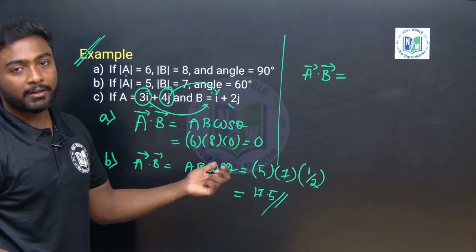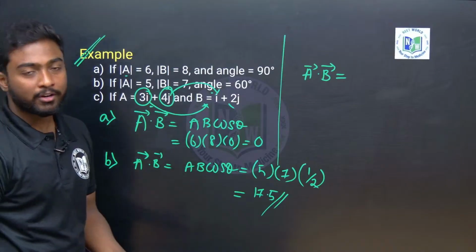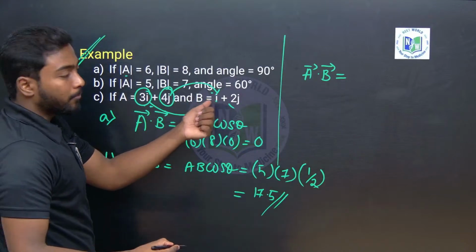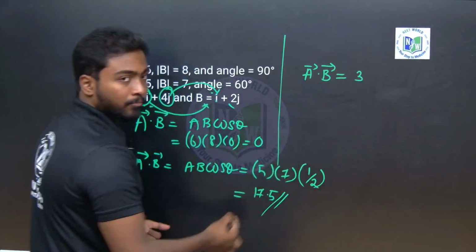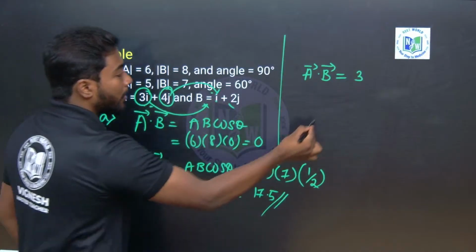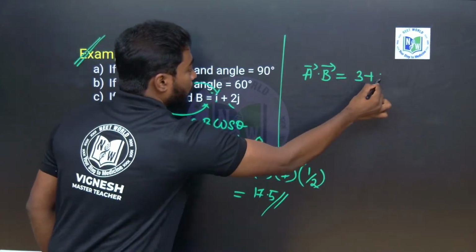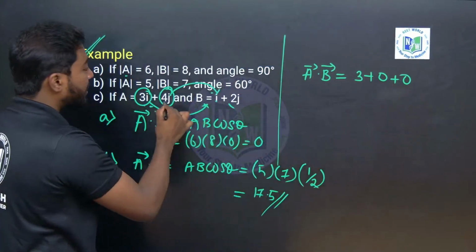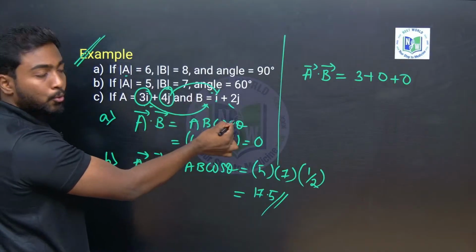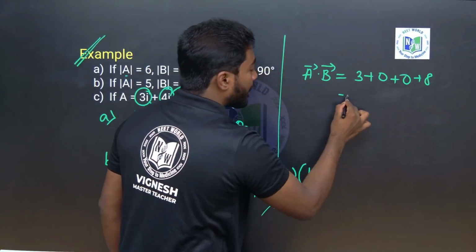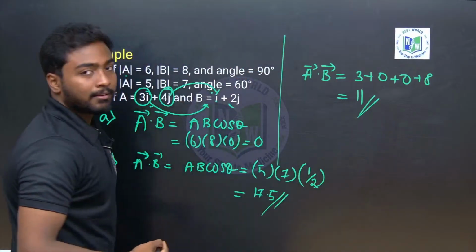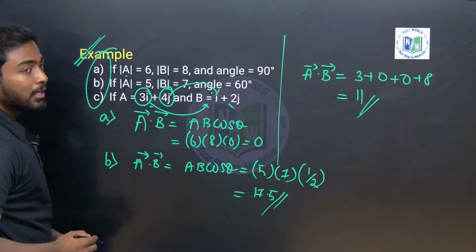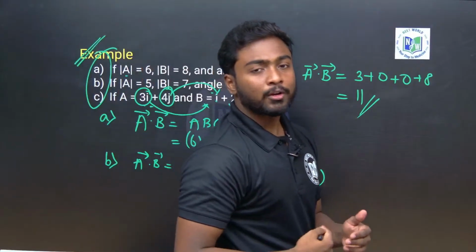Like we have seen in the commutative property, A dot B is equal to B dot A, it is applicable. So 3i dot i gives 3, 3i dot 2j gives 0. Now 4j dot i gives again 0, and 4j dot 2j is 8. I will get the answer as 11, since 3 plus 8 is 11. This is how you do the dot product or scalar product.